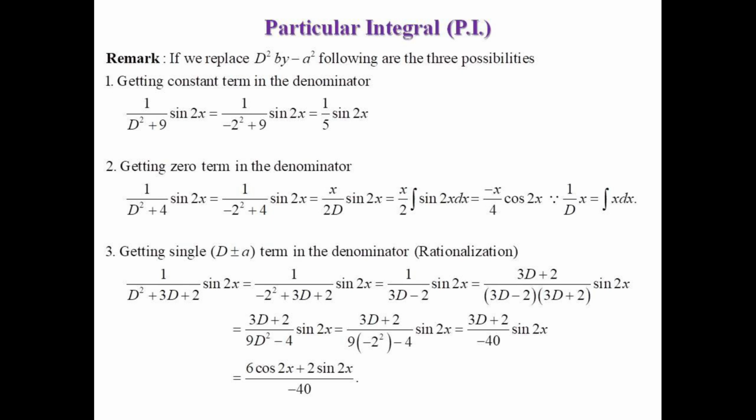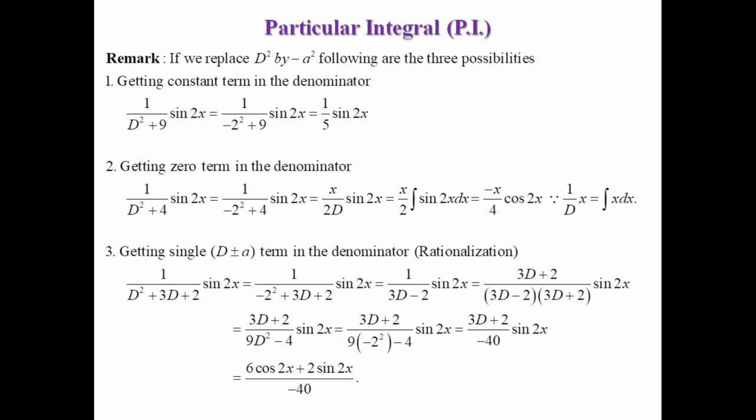Again here we observe that after rationalizing the term, we get the d square term in the denominator. So now we can apply type number 2 for replacing d square by minus a square. After replacing d square by minus a square, we get the value of the denominator as minus 40.